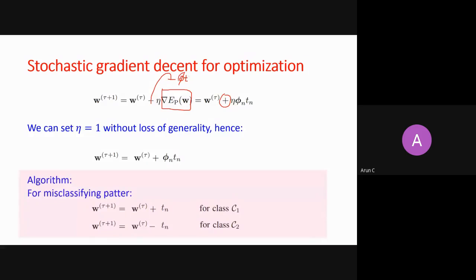And this phi n, as it is coming, comes here, right? And this is the step you have taken. I told you this will tell you the direction and eta will tell you how long a step you have taken. We discussed this in the last class, so I don't need to discuss it again. So this is what we have, right?